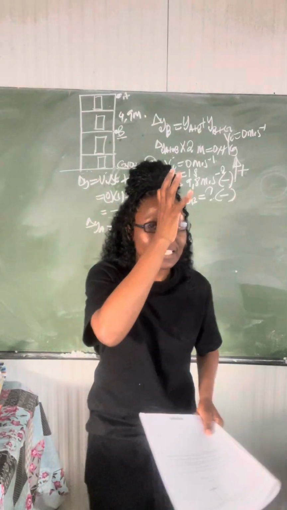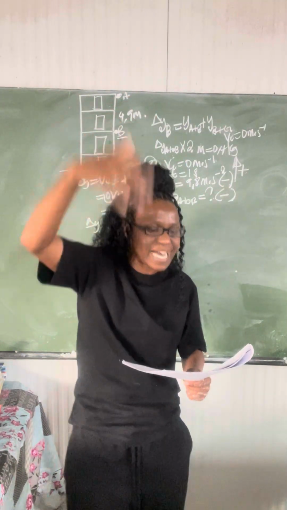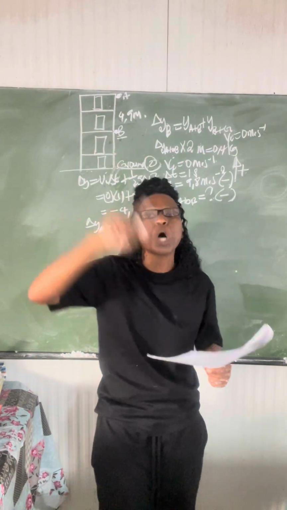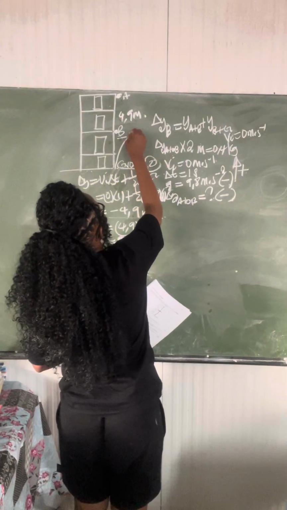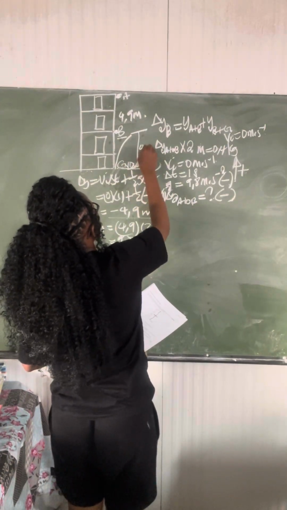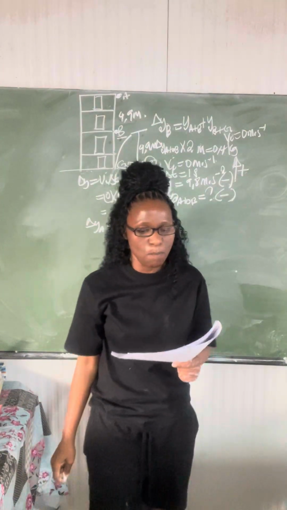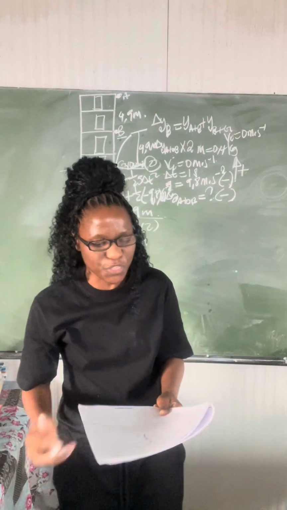After being in contact, it then bounces up vertically, reaching a maximum height at point B. So we know that the height at point B is what? It's 4,9 meters.